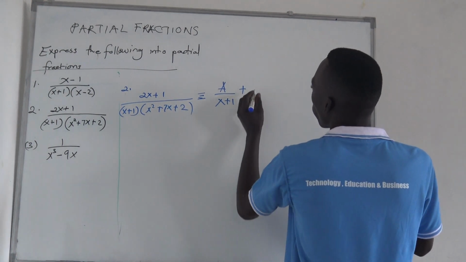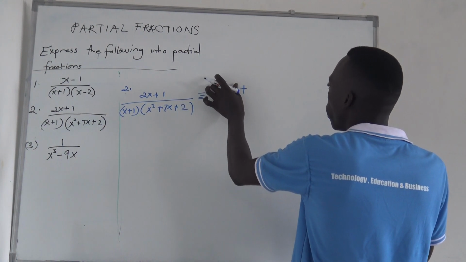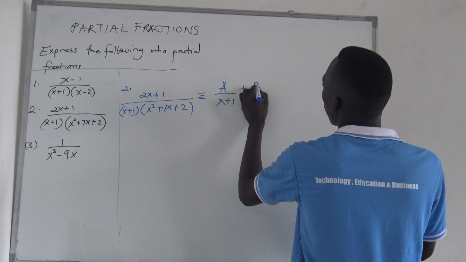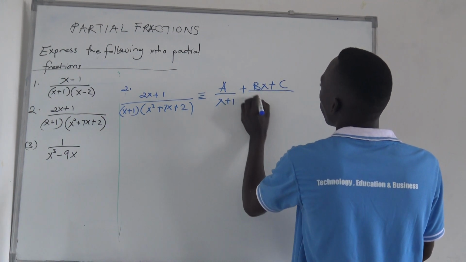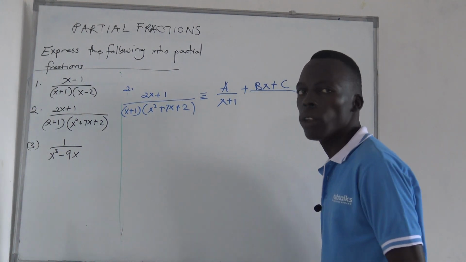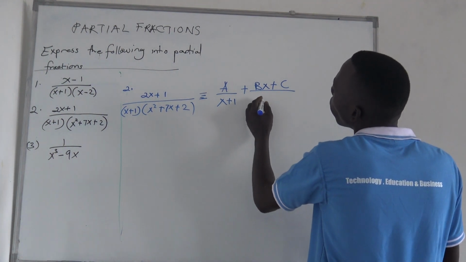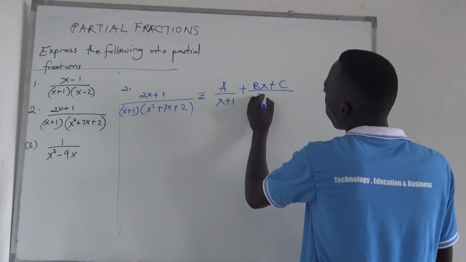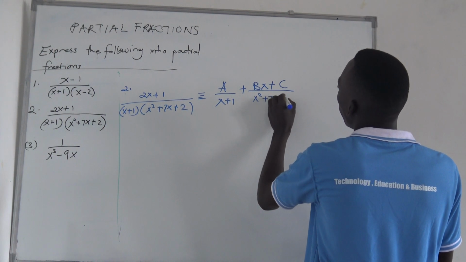So for the quadratic, since here we have already written the a, we are going to start with b, then x plus c. So for the quadratic, they go hand in hand, two values with the x. So here it becomes x squared plus 7x plus 2.